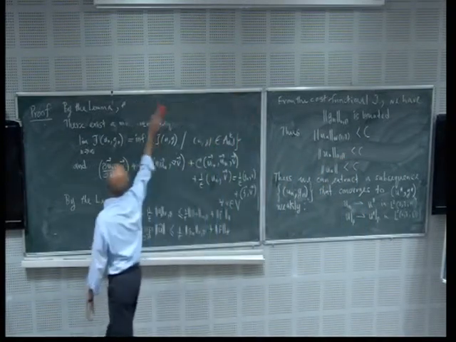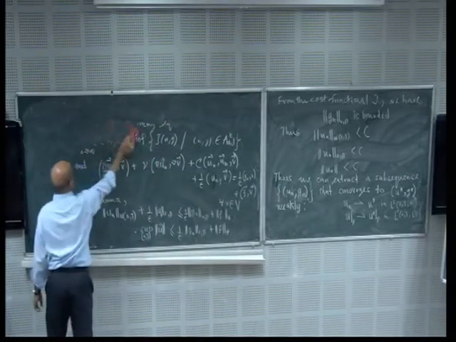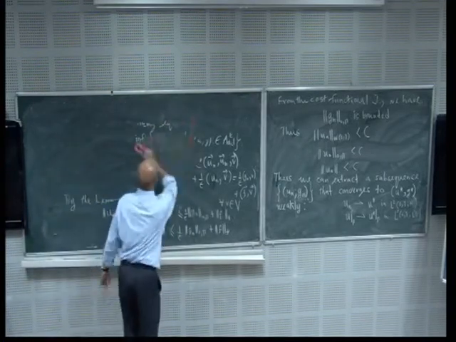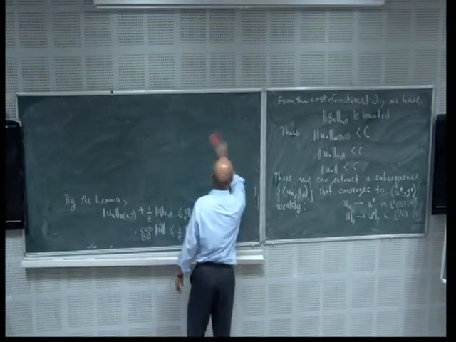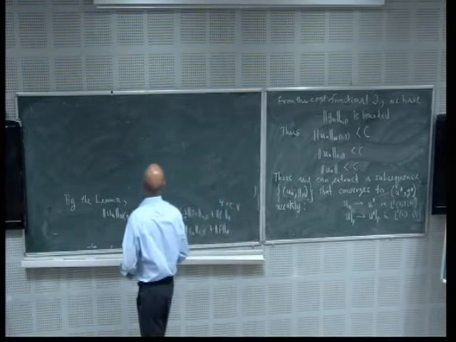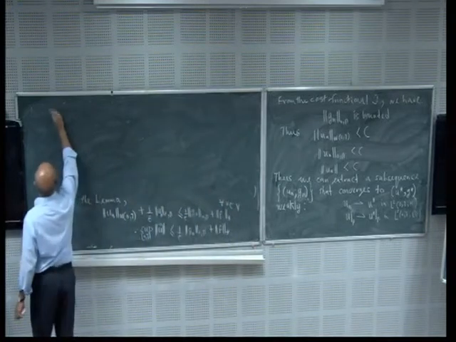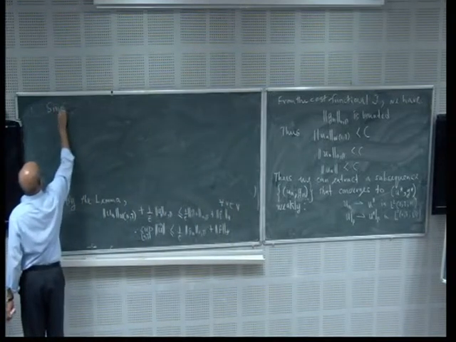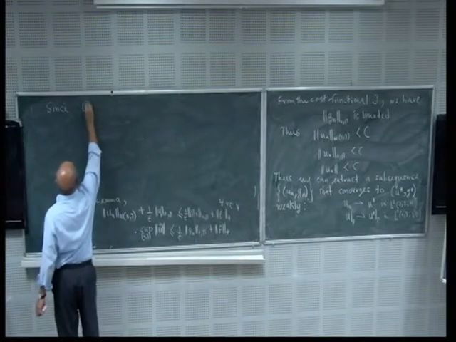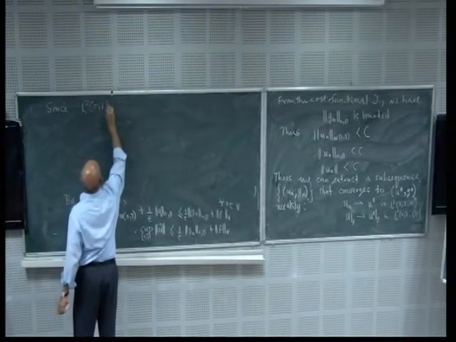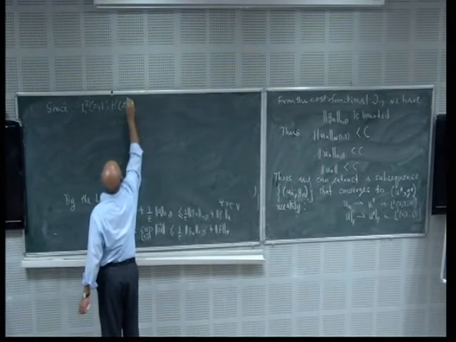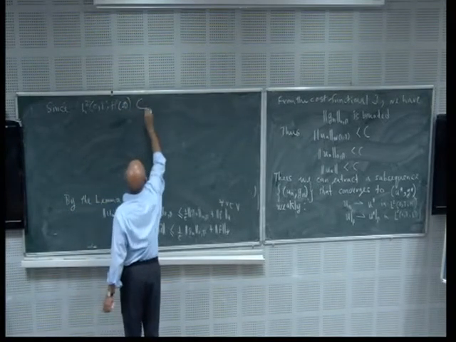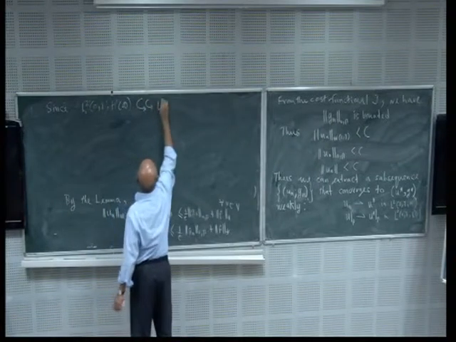And this weak convergence can be converted to strong convergence because of a compact embedding, since L2(0,T;H1) is compactly embedded in L2(0,T;L2).